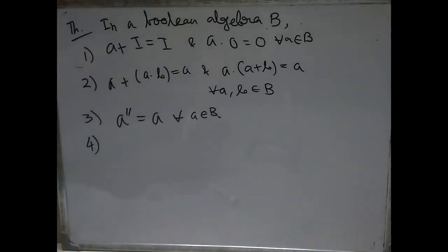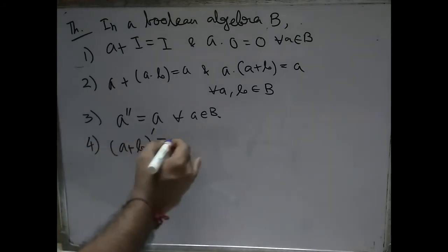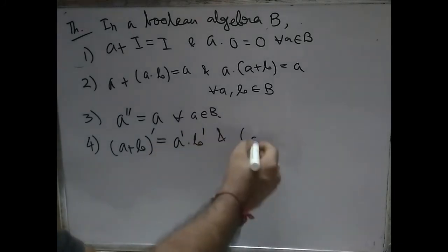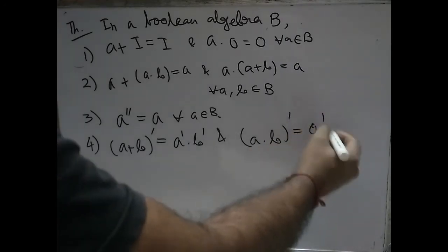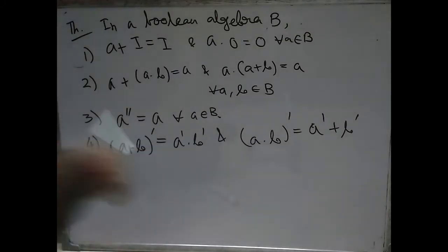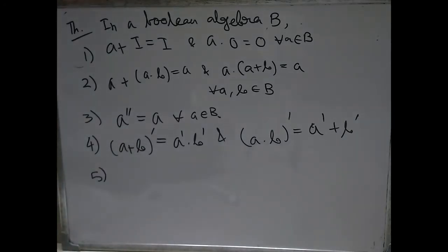And in Boolean algebra, De Morgan's law will hold. Okay. So we will prove the De Morgan's law, this part, and by the principle of duality we can conclude that this is also true. Okay. But I am not going into the proofs.